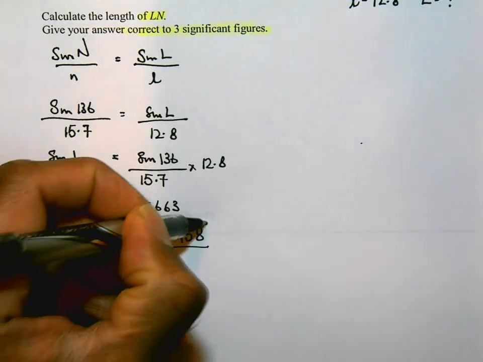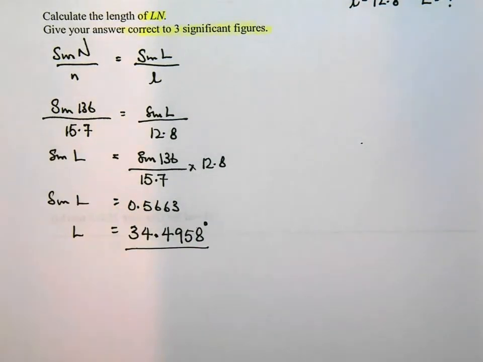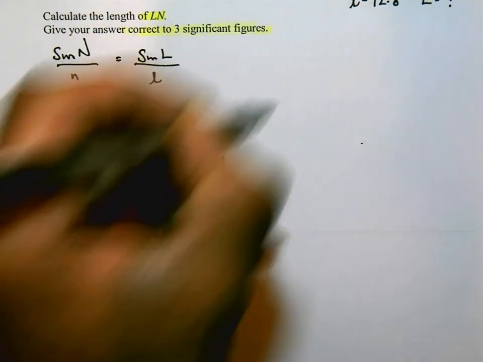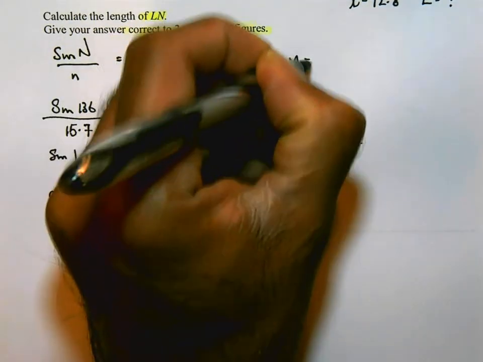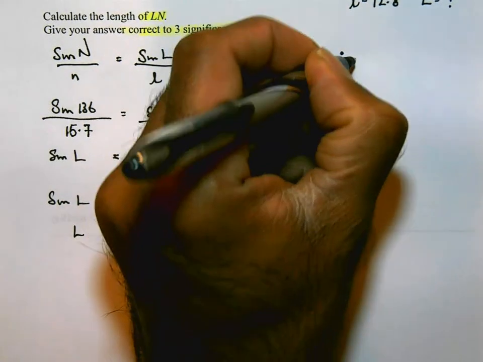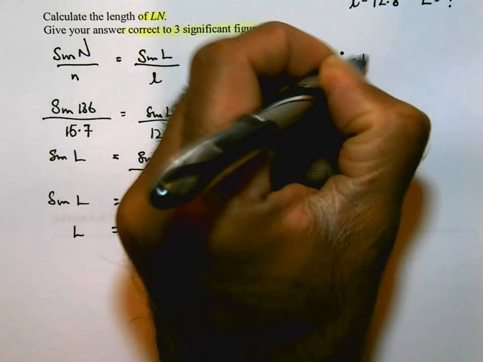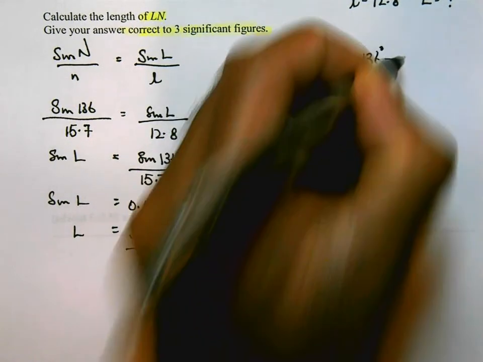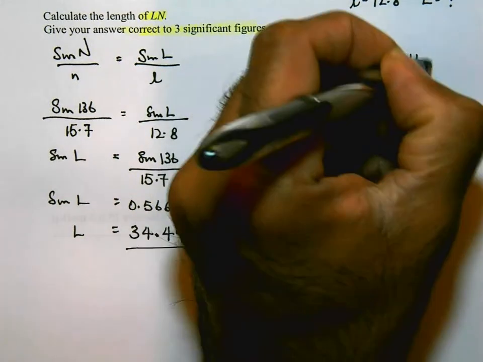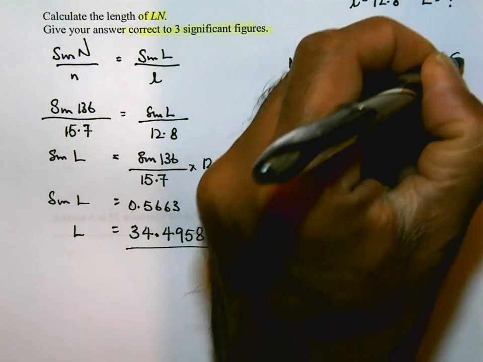I next need, so if I know what L is, I can work out what M is. So angle M is going to be 180 degrees, take away 136 degrees, take away 34.4958 degrees.